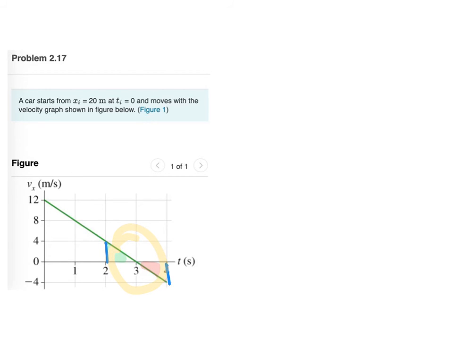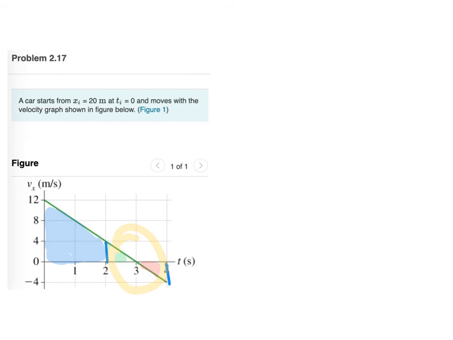The green area above the axis is exactly equal to the red area below the axis, so they cancel out. So this answer is the same, right? What's left over is this. We can say that the actual area is this trapezoid plus the green plus the red, but the green and red are 0.